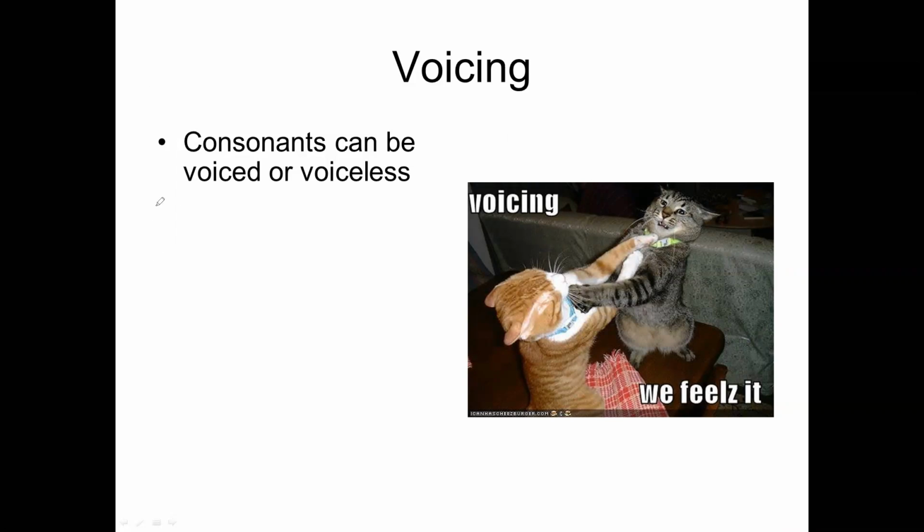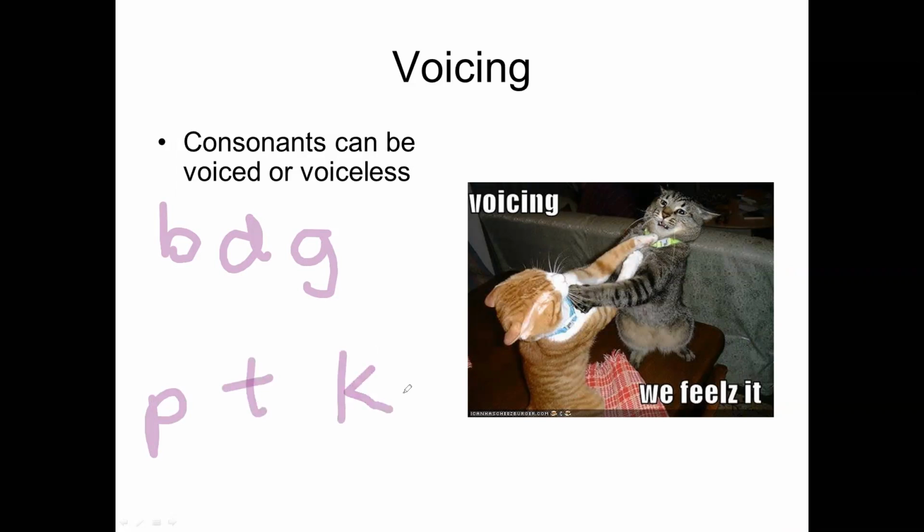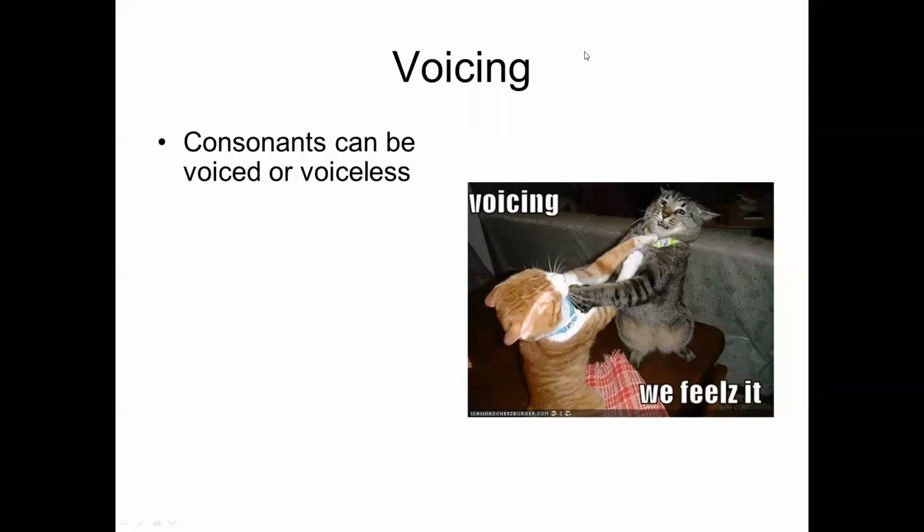Our voiced sounds are b, d, and g, and our voiceless sounds are p, t, and k. That's a relatively simplified way of thinking about how they work in English. We'll get a little bit more detail. Our voiceless sounds, p, t, and k, are pretty much always voiceless. The voiced ones are a little bit more like the Facebook status: it's complicated, but we'll get to that later in the class.